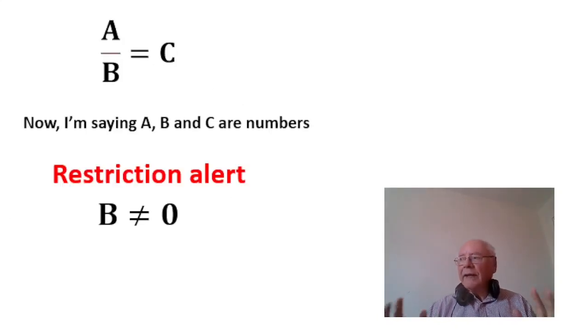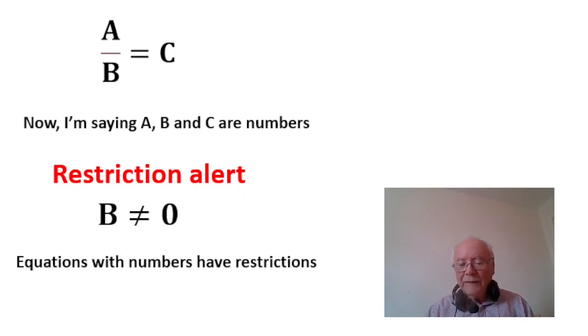Supposing now I say, okay, A, B, and C, they're numbers. Well, first of all, this gives us what I call a restriction alert. Saying that A, B, and C are numbers means that B, as the equation is A over B equals C, cannot be equal to 0 because you are not allowed to divide by 0 in mathematics.